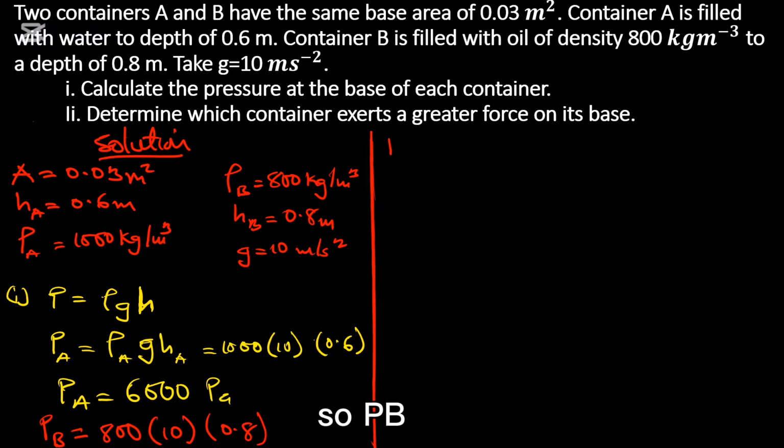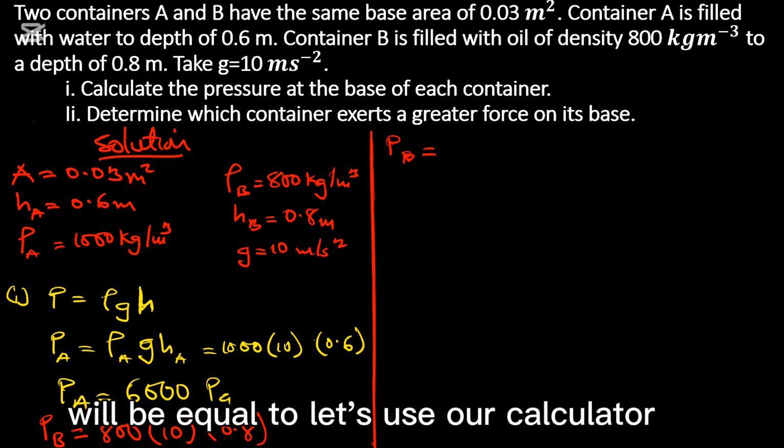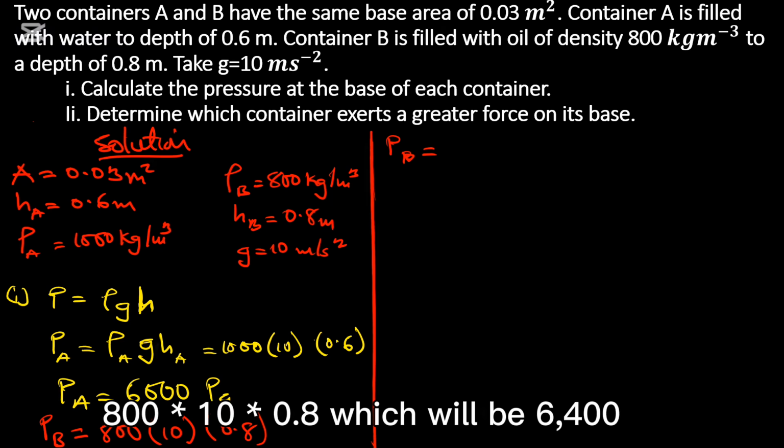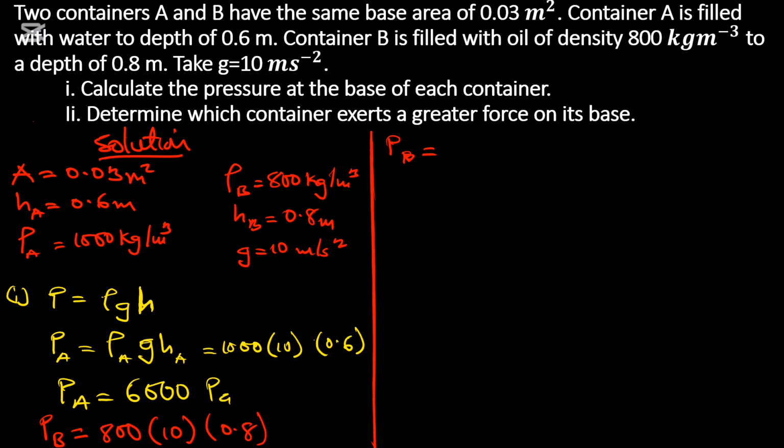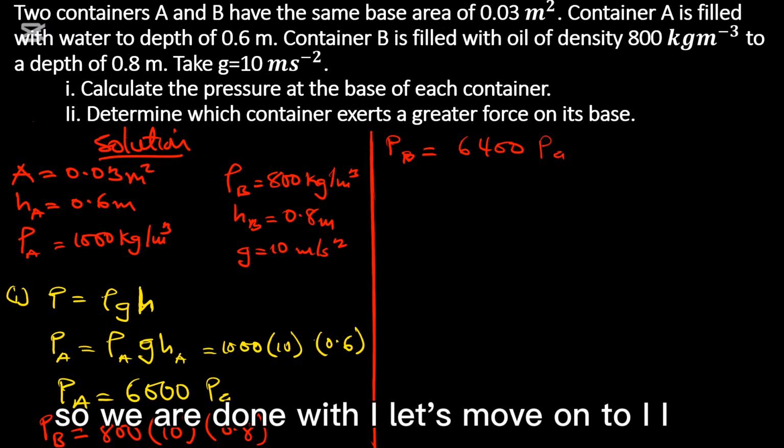So PB will be equal to, let's use our calculator, 800 times 10 times 0.8, which will be 6400 Pascal. Okay, so we are done with I. Let's move on to II.